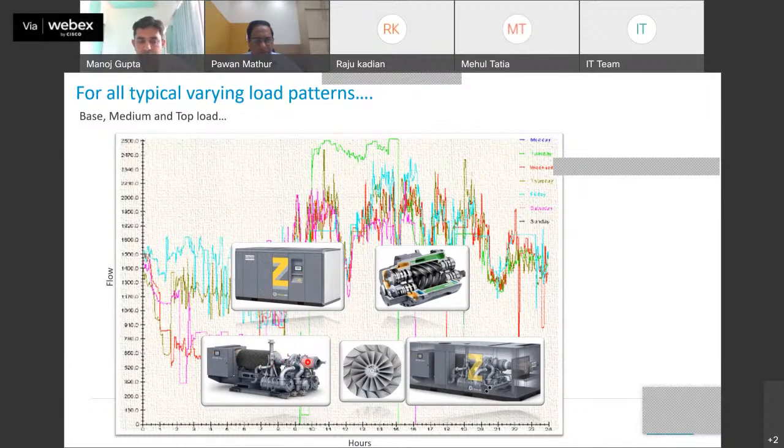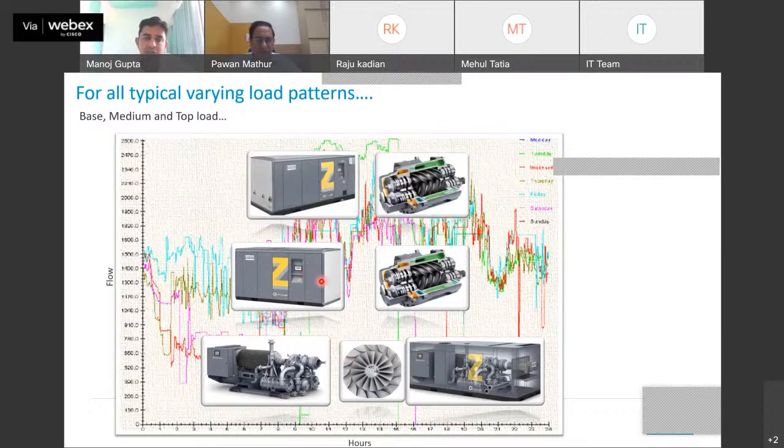So you can use the centrifugal compressor for base load, the screw compressor for top load, and you can use the VSD compressor for the varying load. The combination of these three technologies will give you the lowest cost of energy. In terms of ACR, it will give the best ACR. We call it the hybrid combination, which is the most energy efficient combination considering the load pattern.